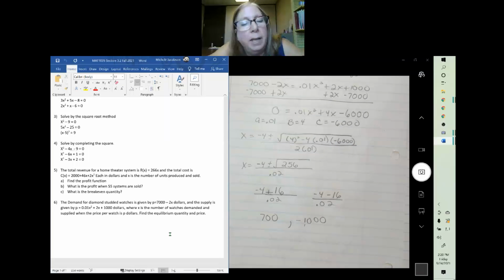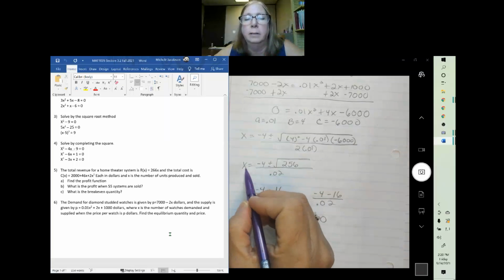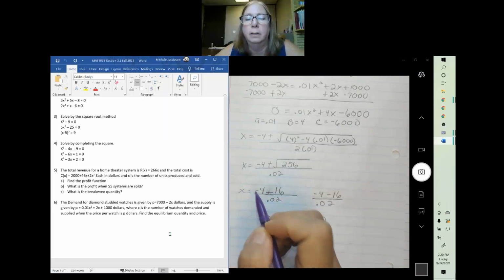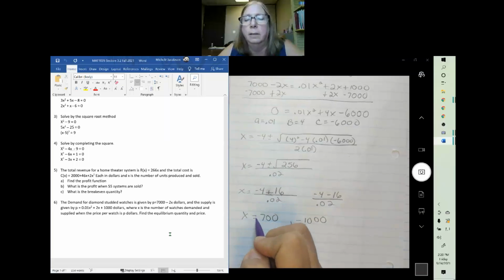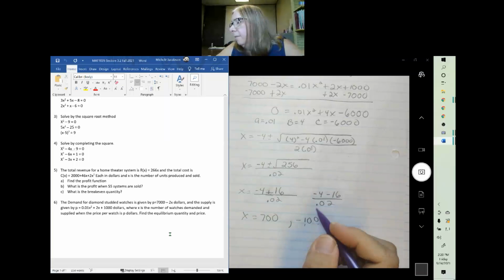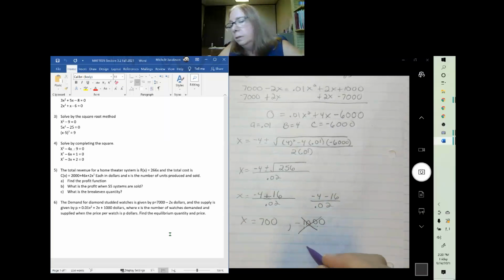Now we wanted X, the number of watches, and that's what we found. Well, it doesn't make sense to have a negative amount of watches.